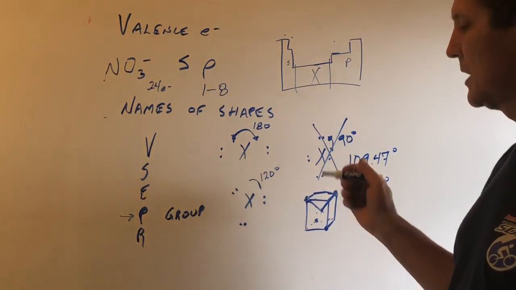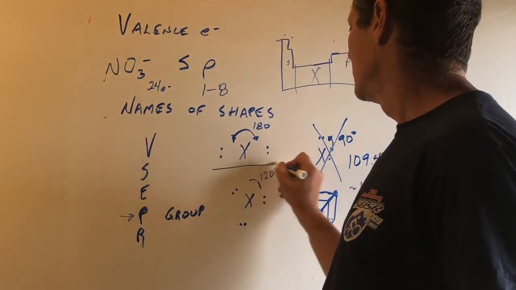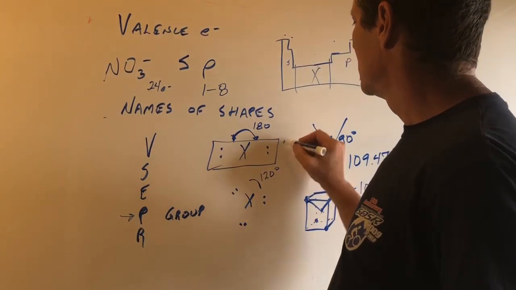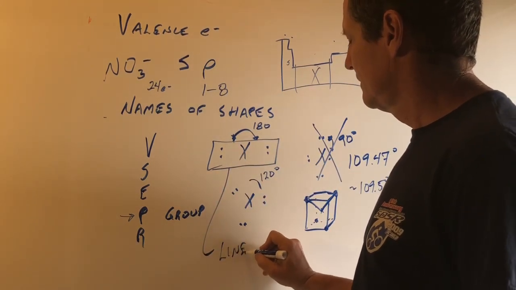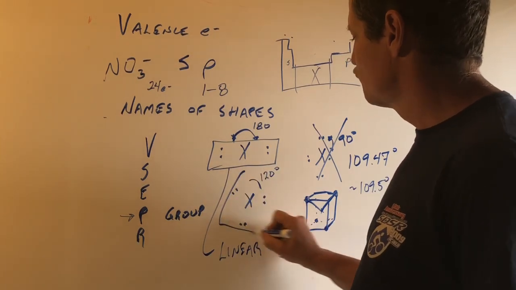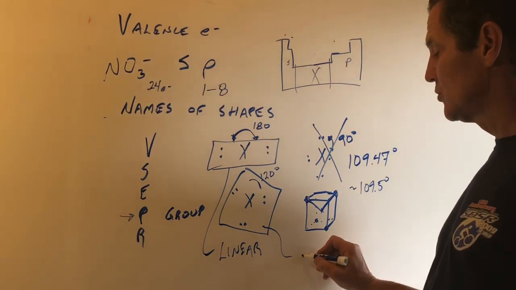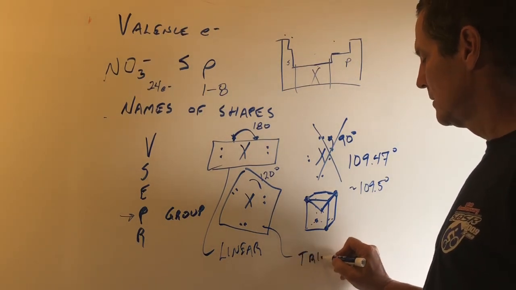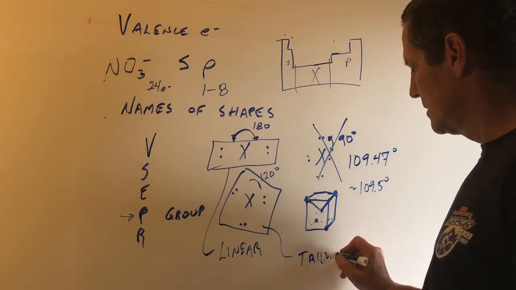Back to the names of shapes, this first one here is called linear. When I have three of them, I call that trigonal planar.